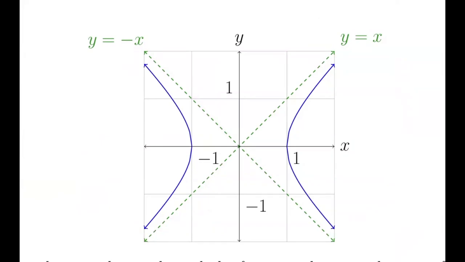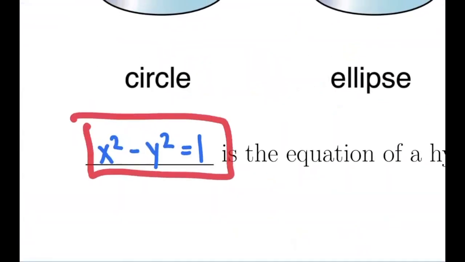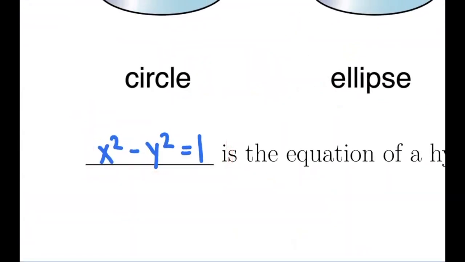And one other thing is that this hyperbola has 2 x-intercepts right here. How do you find x-intercepts just in general? Like if I gave you x squared minus y squared equals 1, how would you find the x-intercepts? The x-intercepts occur at y equals 0, like on the axis. Like it doesn't move up or down. It's on that horizontal line. So you got to set y equal to 0.